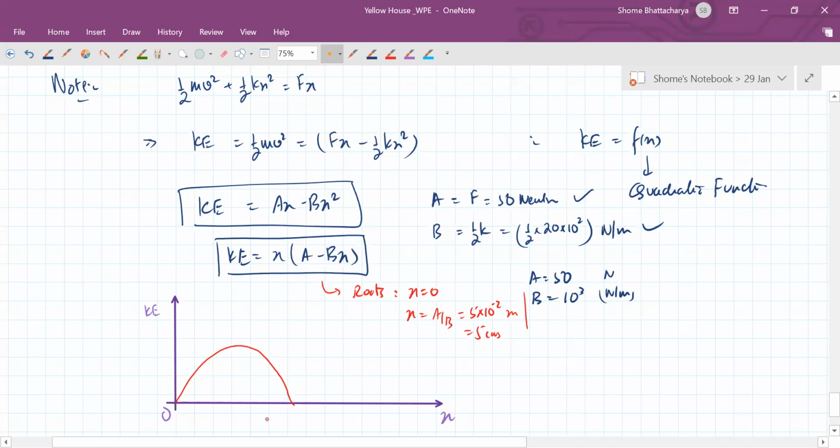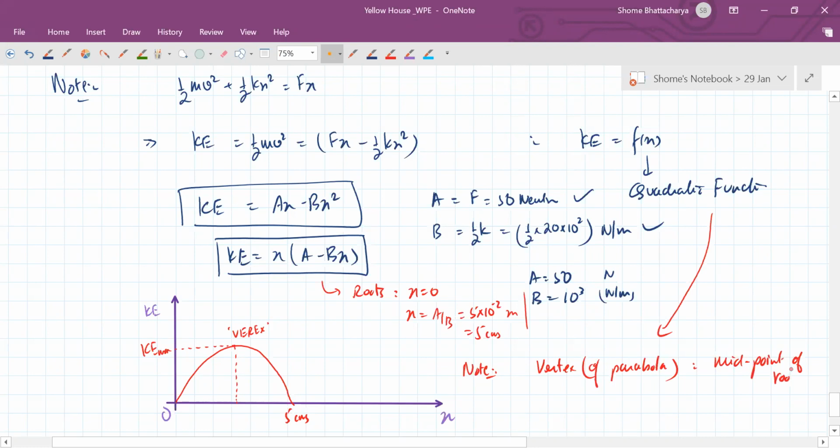So these are the roots, 0 and 5 centimeters. Kinetic energy can't be negative, so it will not go beyond this. So this is your maximum x. Whereas the maxima will always occur at the midpoint of the roots, because this is the vertex. The vertex of the parabola, a quadratic function's parabolic graph, is at the midpoint of the roots.